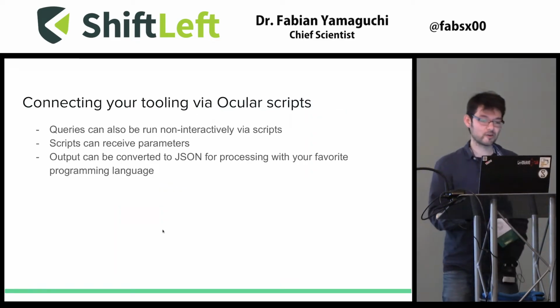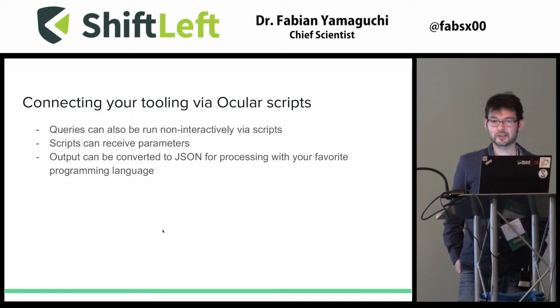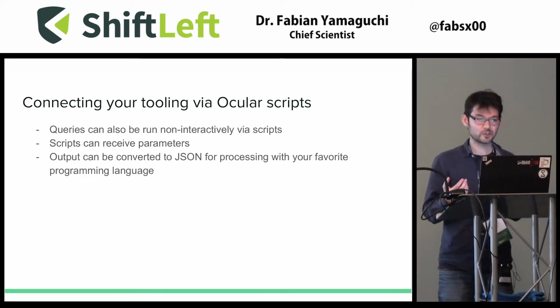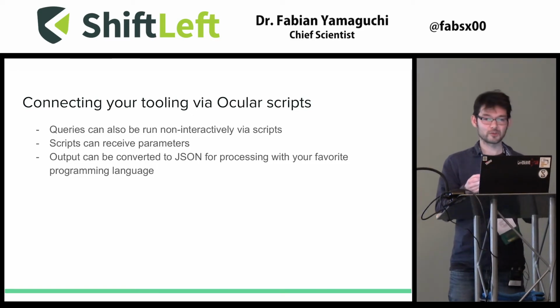So with that, the way Ocular is designed, you saw me just use it interactively. And that's how we use it when we just explore a code base. But eventually, you have your queries that you want to run every time. And so what you can do is you can pass scripts to Ocular, and it will execute non-interactively.